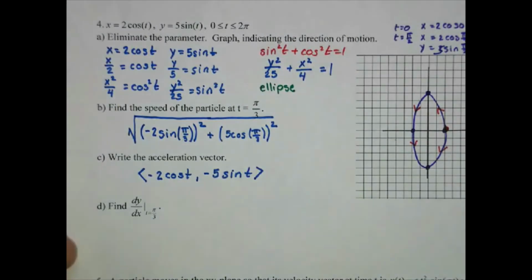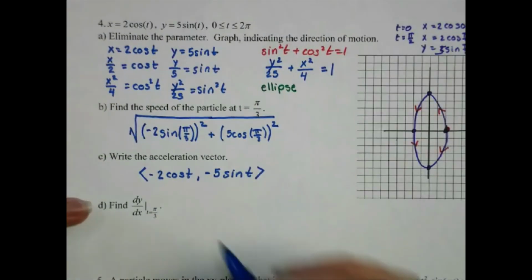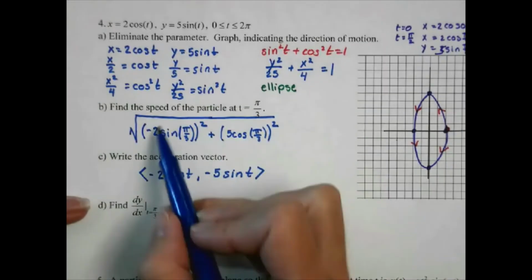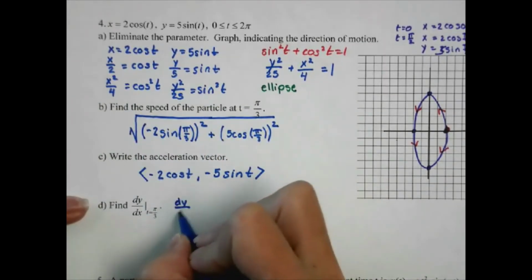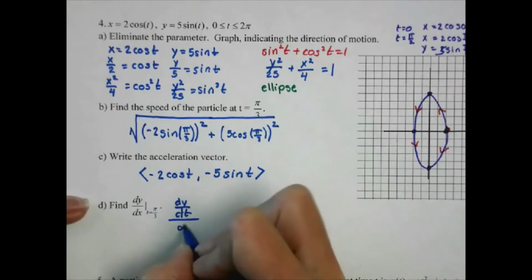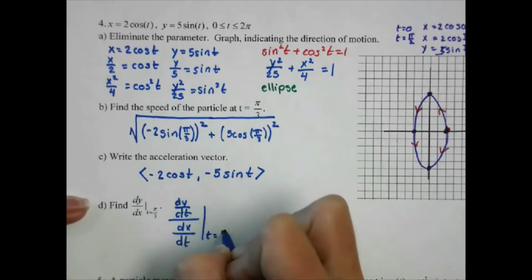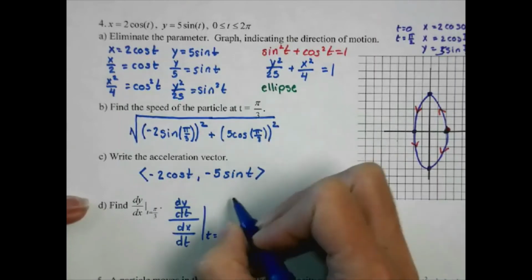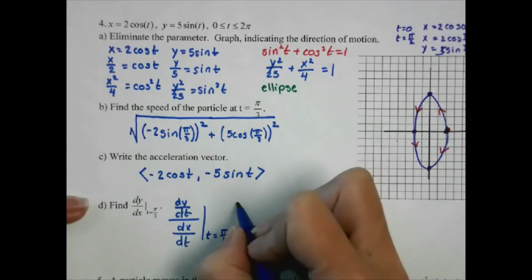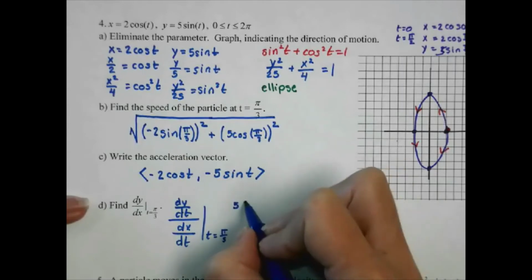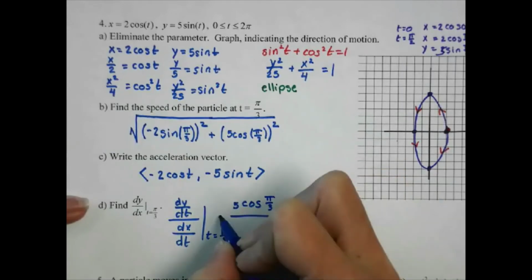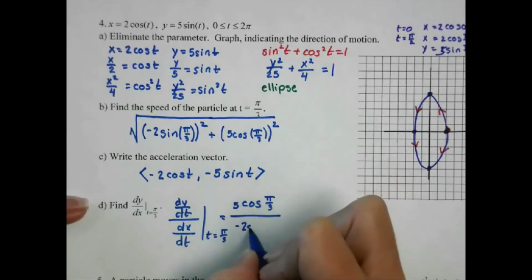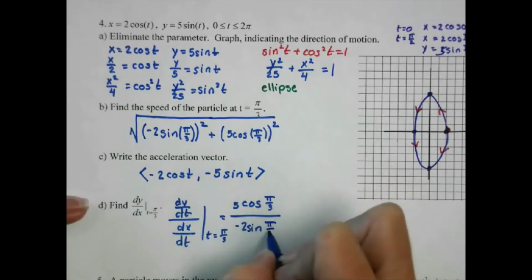And then the derivative at pi over 3. So I'm going to refer back to this guy here. So dy dt over dx dt evaluated at t equals pi over 3 is going to be 5 cosine pi over 3 over negative 2 sine pi over 3.